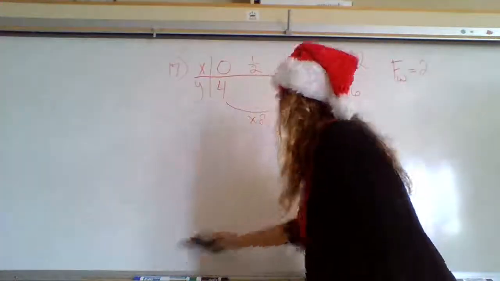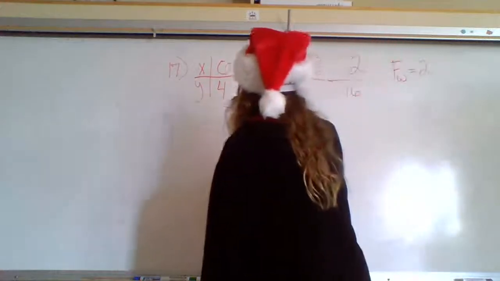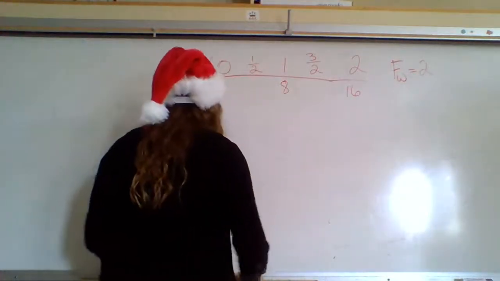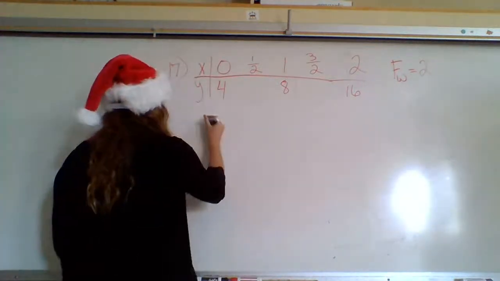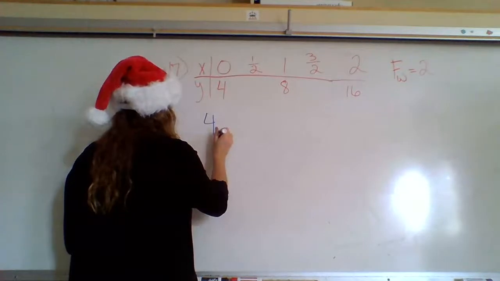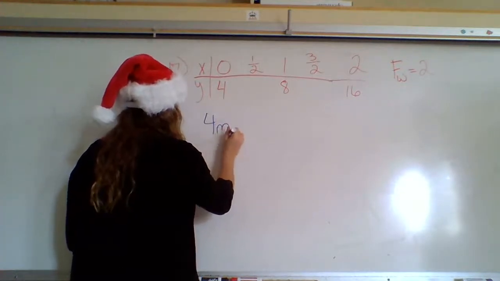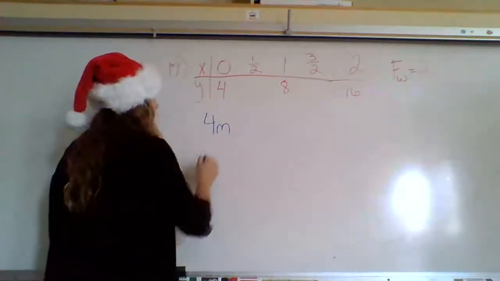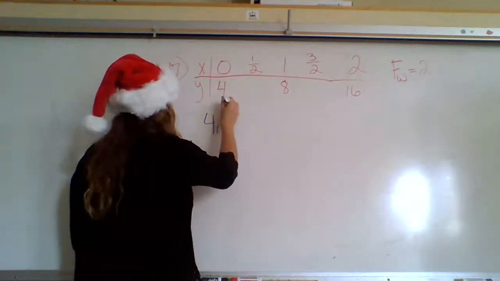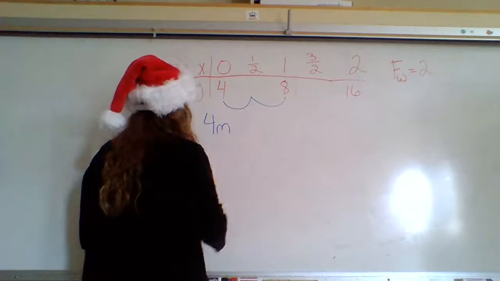Okay, let's find our in-betweeners. So we're starting at 4. And then go ahead, pick a letter, any letter you want. I'm going to do M. All right? And I'm just going to use these. So I'm multiplying by some number M. 1, 2. 2 times.